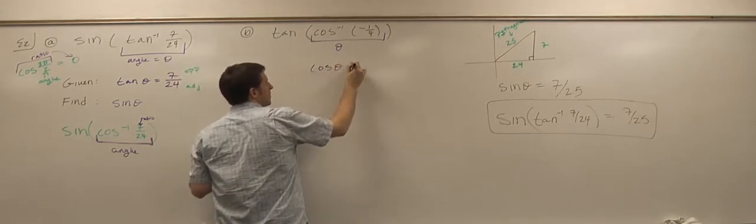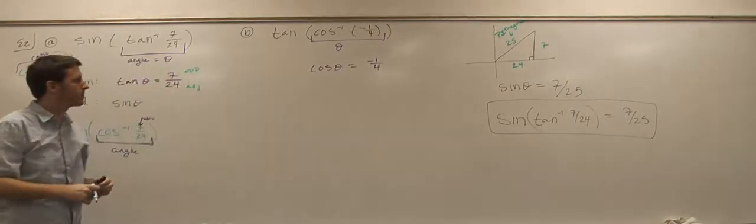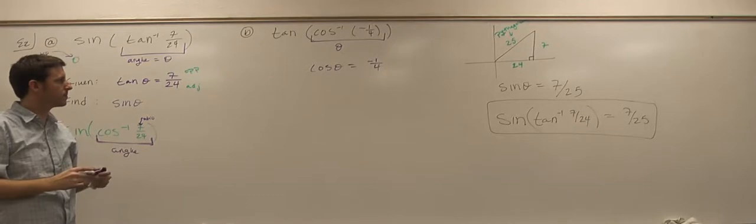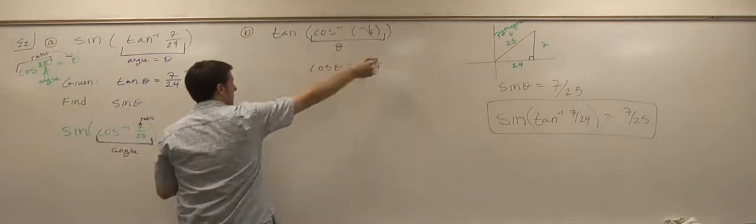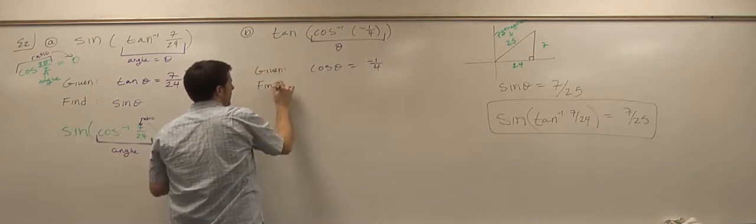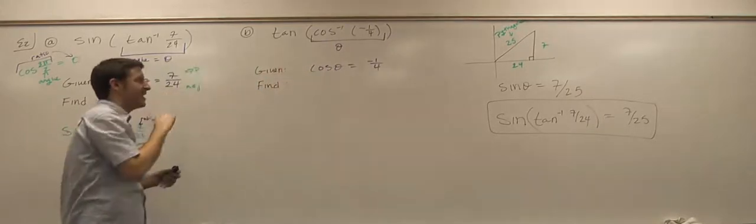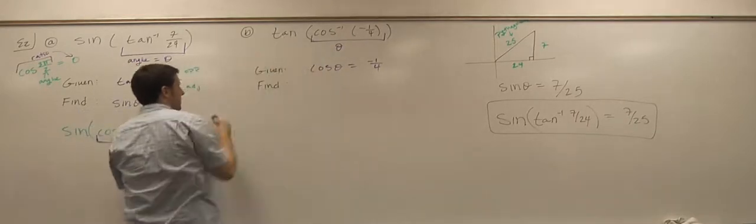Cos of theta has to equal -1/4. I'm given this. What do I need to find? Tangent, because tangent's on the outside.